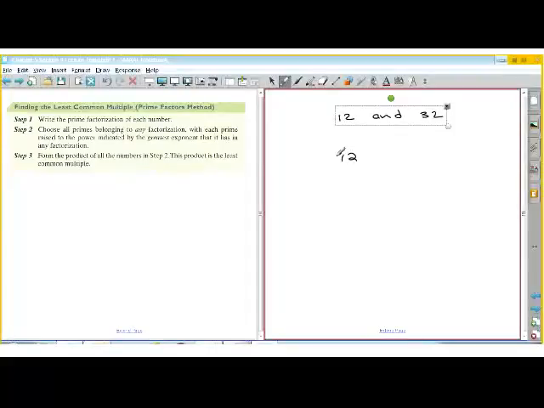So let's follow the rules. It says do a prime factorization. So again, I'm just going to do it. If you have any questions about how I do it, ask me.